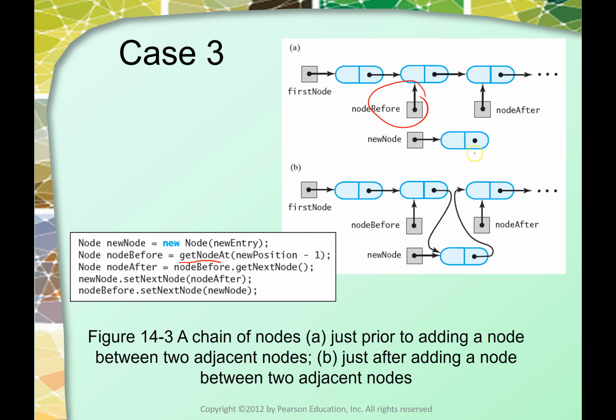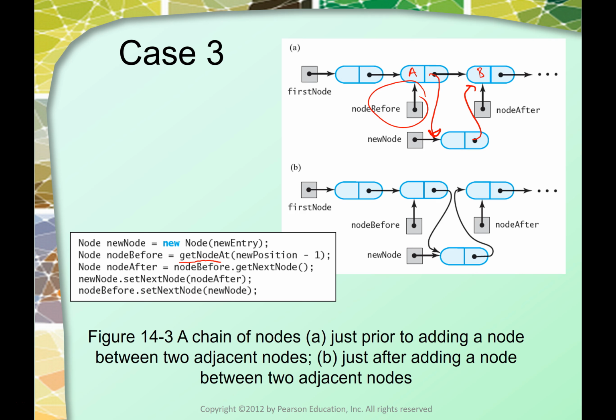So if you want to insert this new item between this A and this B, you have to get a node before reference, so that you can redirect the next field of the node before to point to the new one, right? And you've got to get the node after reference so you don't lose what comes after in the process of managing this, right? So you can say new node.next equals node after. This gives you the flexibility of how to reroute the pointers, reroute those references, to add a new node in the chain somewhere in the middle.